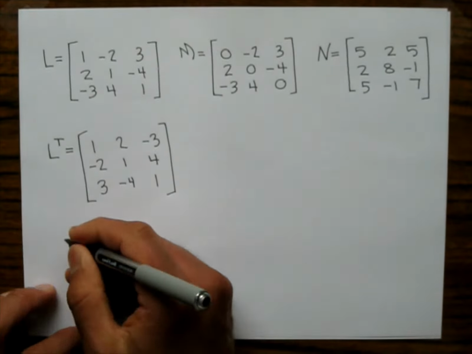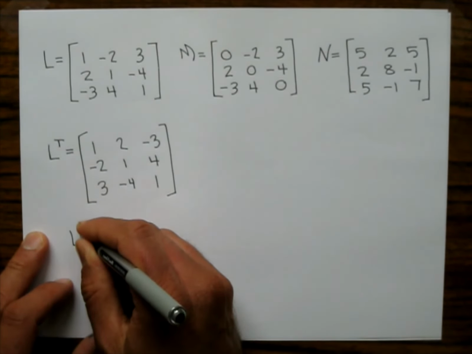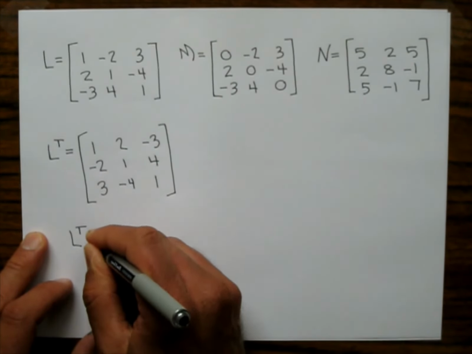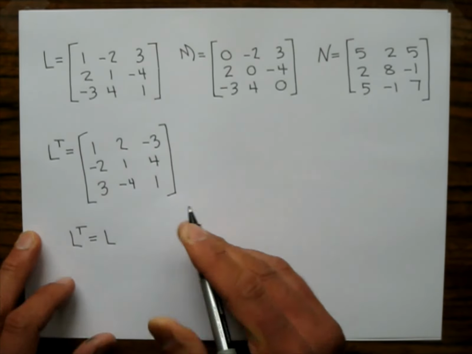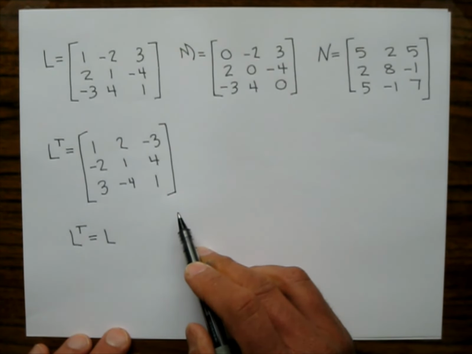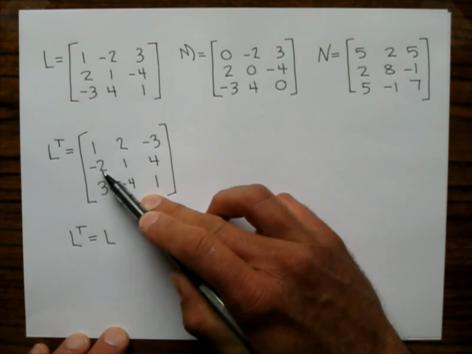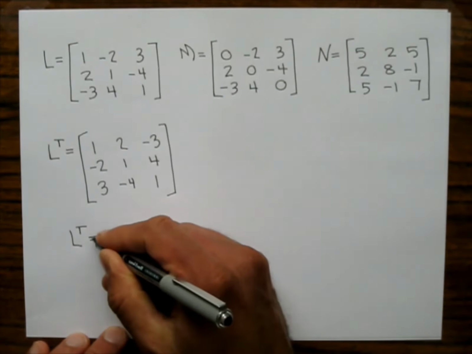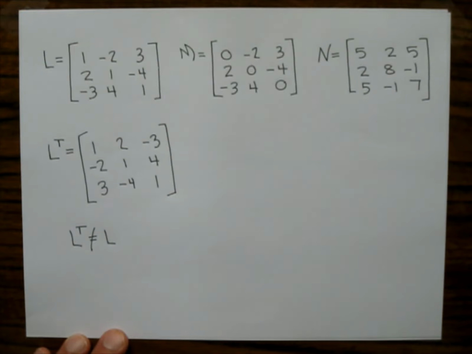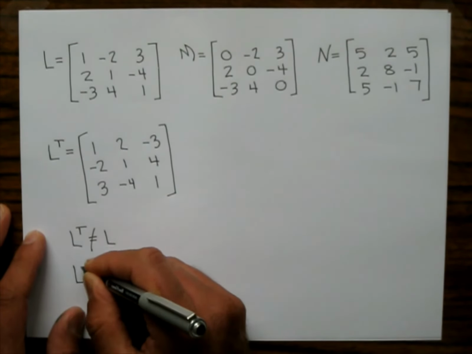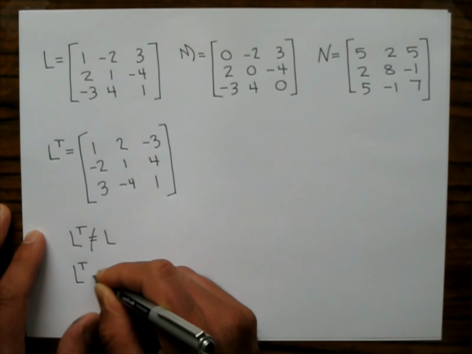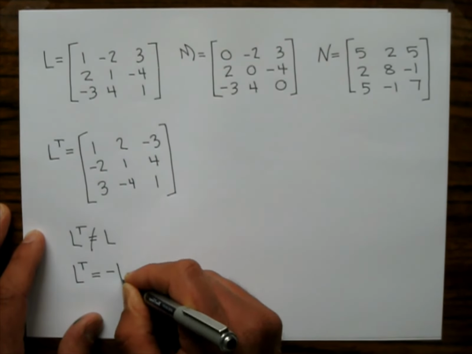Does L transpose equal L? Are they identical? And no, because look, this is a negative 2 right here, and that's a 2 there, so those are not equal. So it's not symmetric. Does L transpose equal negative L?